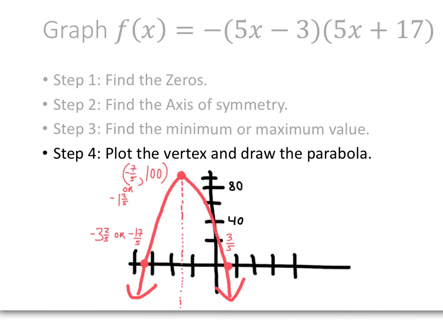Then I find the minimum or maximum value by inputting the x value for the axis of symmetry into the function and finding what the y value is. And then finally I plot the vertex on the axis of symmetry and I draw the parabola using the vertex and using the two zeros as the 3 points that determine it.